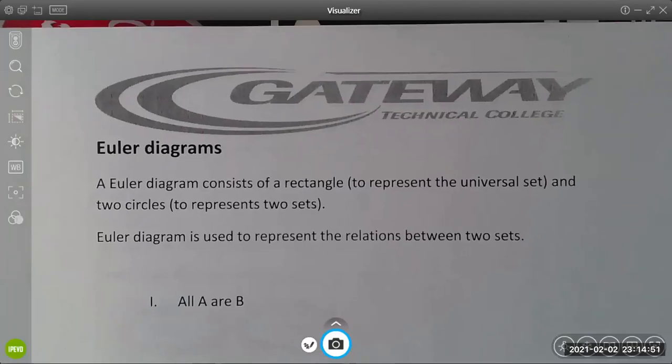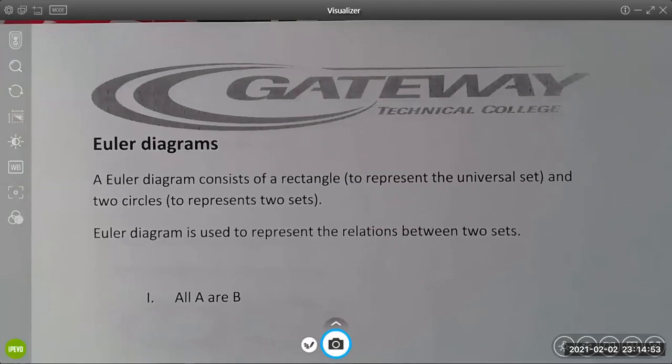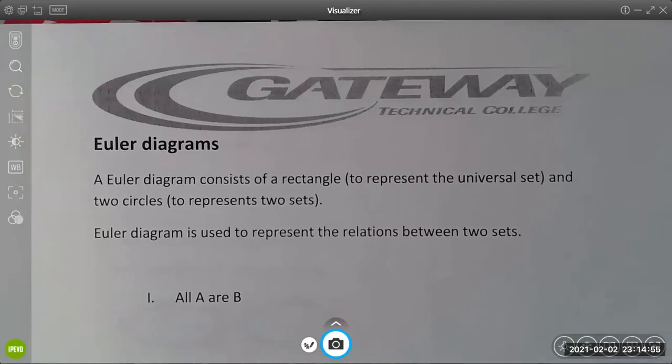This one is about the Euler diagram. And actually, Euler diagram is very simple, very similar to the Venn diagrams. In Venn diagrams, you have circles inside the rectangle. And for Euler diagram, we also have circles inside a rectangle.